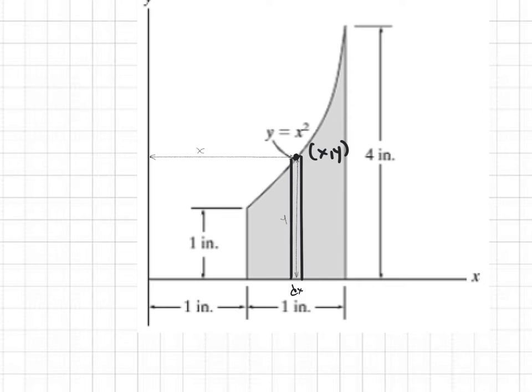Now, we need to find the location of the centroid. So the centroid is right here. If that total distance is y, then the centroid is y over 2 from the bottom, because there's just as much above it as below it.